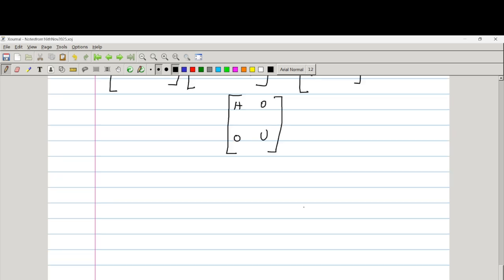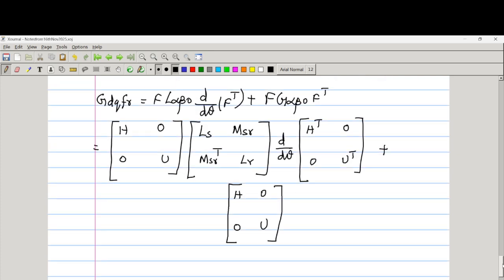Then we will have to write the speed EMF term. Already we know what is meant by G alpha beta. In the previous lecture, if you refer to it, you will understand that it is nothing but 0 G1, G1 transpose, 0.